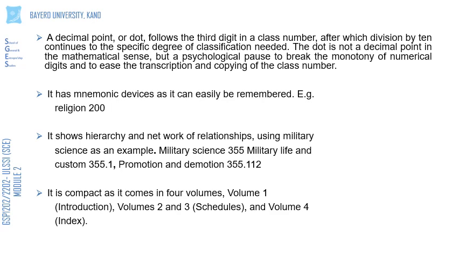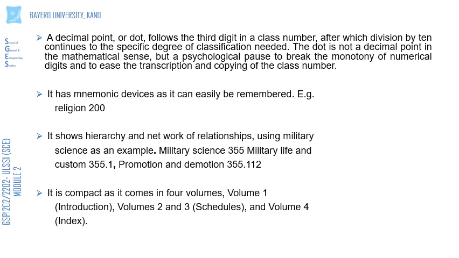It has mnemonic devices and can easily be remembered, e.g. religion has 200. It shows hierarchy and a network of relationships, using military science as an example: military science as 355, military life and customs as 355.1, promotion and demotion as 355.112.